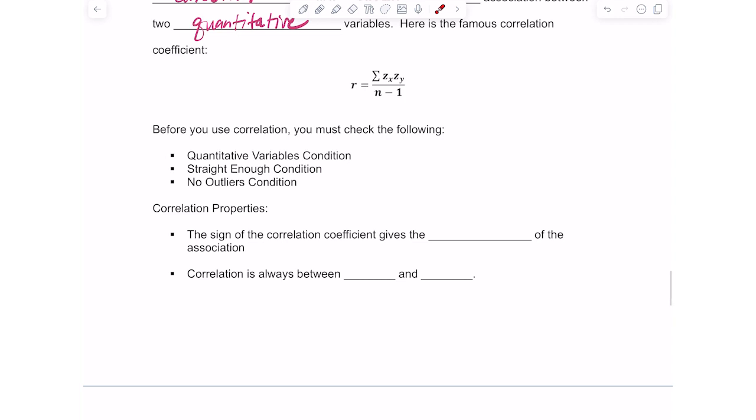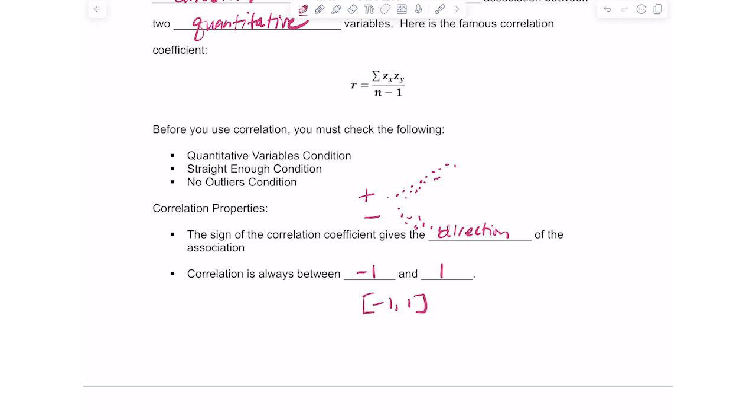Correlation has some properties. So the sign tells us what direction the association is, if it's positive or negative. And remember, positive just means, for the most part, it's increasing, and negative means it's going down towards the right. Correlation is a value that's always between -1 and 1, inclusive.